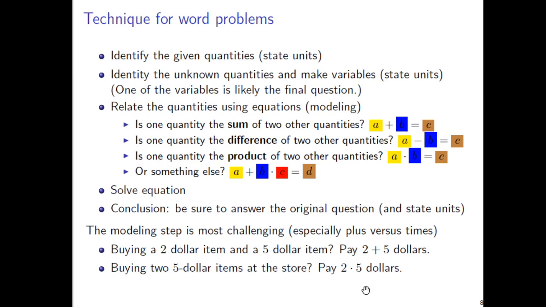However, if you buy two $5 items, then you end up paying $10 total, 2 times 5. So I would always try to bring it back to this, right? Is it paying one thing and then paying for something else in addition, for instance? Or here, 2 times 5, well, two copies of the $5 thing. So this is usually the thing that gets people. You really want to pay very close attention to whether you have a plus or a times, situationally speaking.